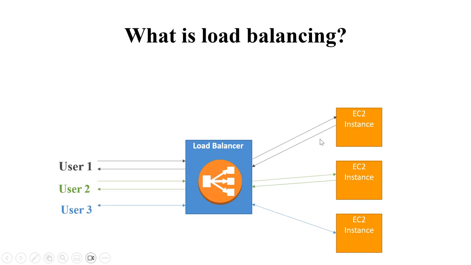On the basis of the health of these targets, it identifies which instances are available and which are not, and on the basis of availability, it routes the request to one of the instances. That is the main understanding of the load balancer.